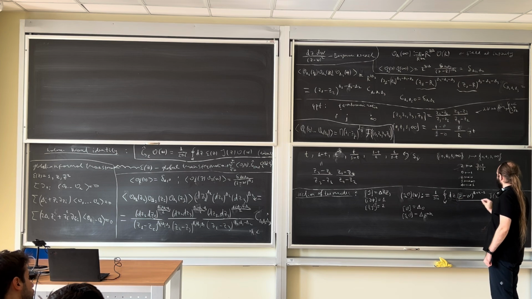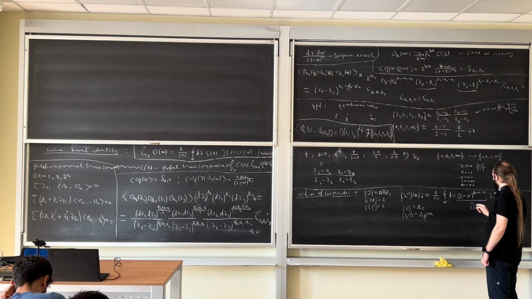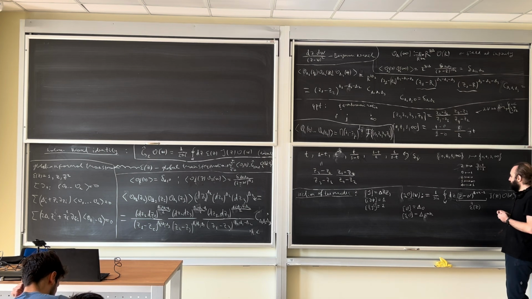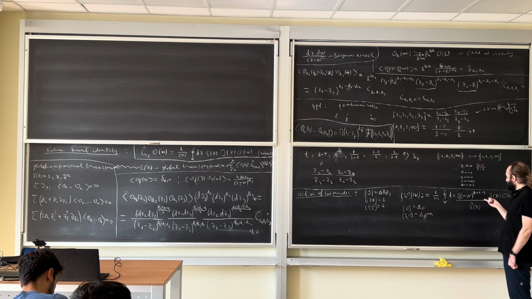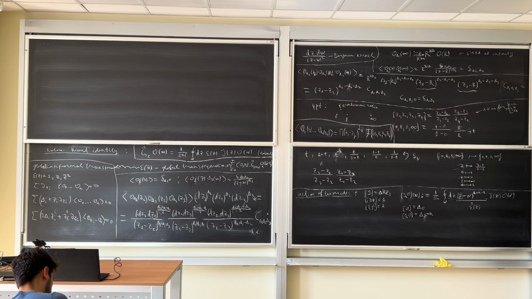Epsilon of z is chosen in this special way. When n is negative, it is something singular, in a sense, when it is sufficiently negative.